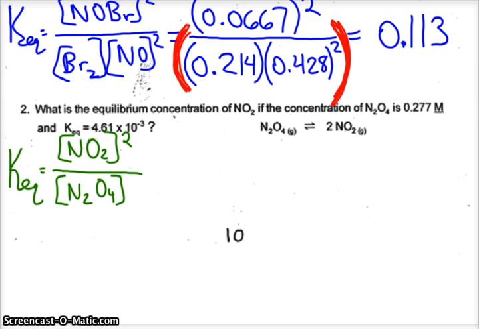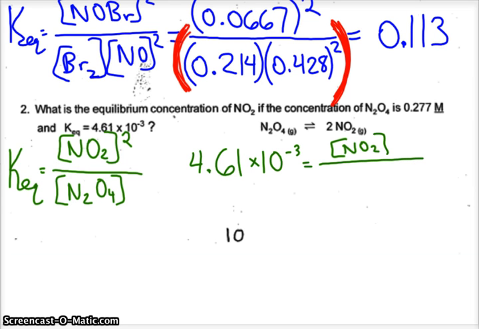KEQ is equal to 4.61 times 10 to the negative 3 is equal to the concentration of NO2, which is what we're looking for, so NO2 squared, over the concentration of N2O4, which is given to us in the problem statement, which is 0.277 molar.